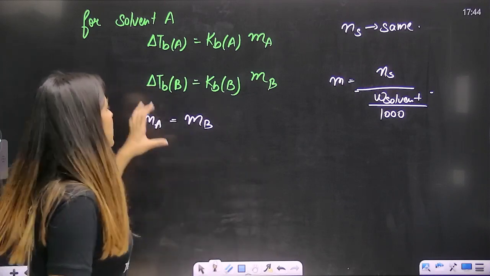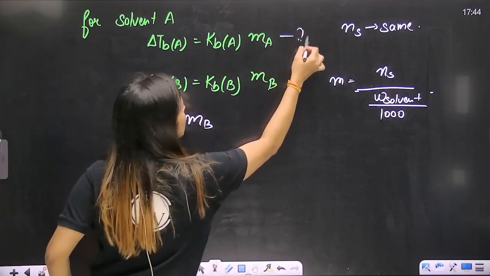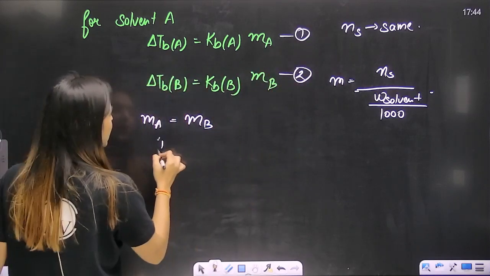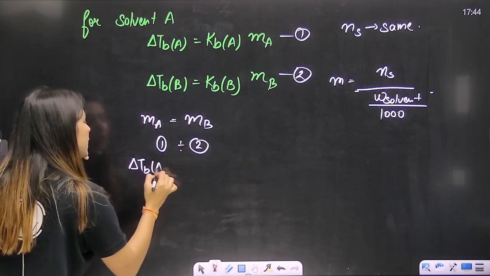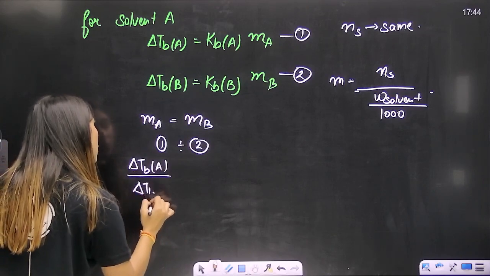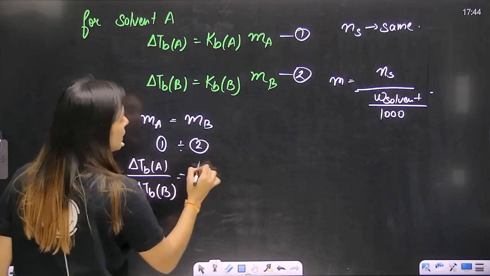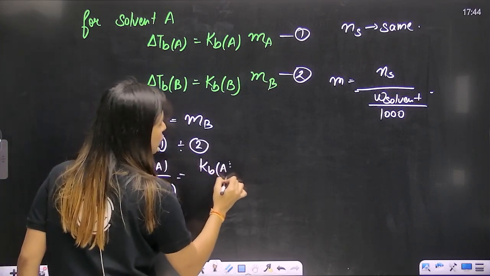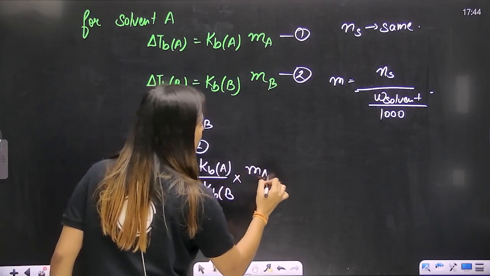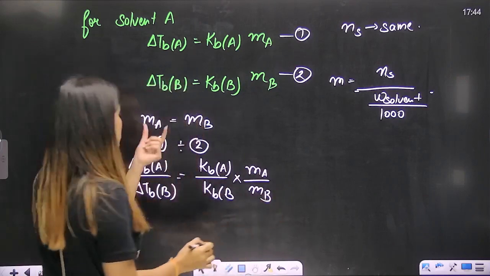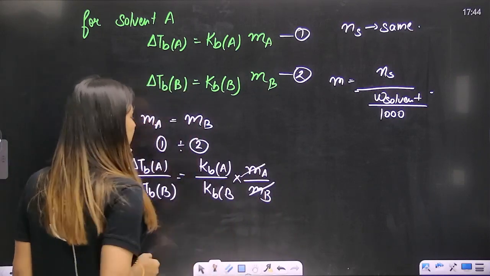Clear? Yes. Now we can divide the two, 1 divided by 2. You will get delta TB of A upon delta TB of B equal to Kb of A upon Kb of B into molality of A by molality of B. I know that both the molalities are equal, so we'll cancel them out.